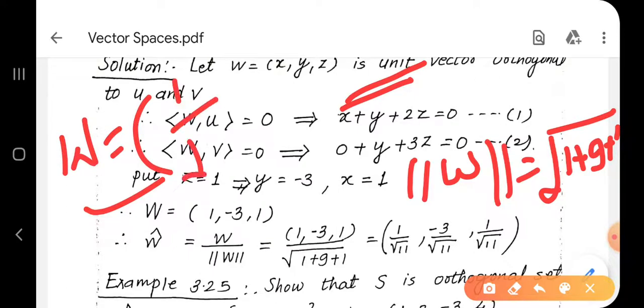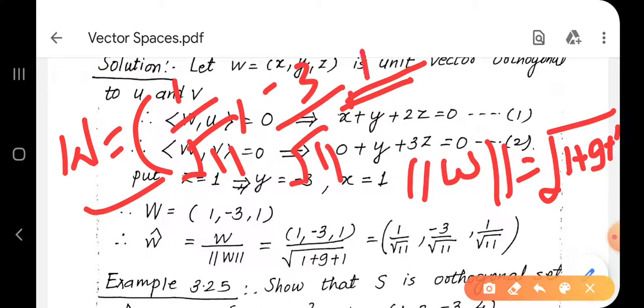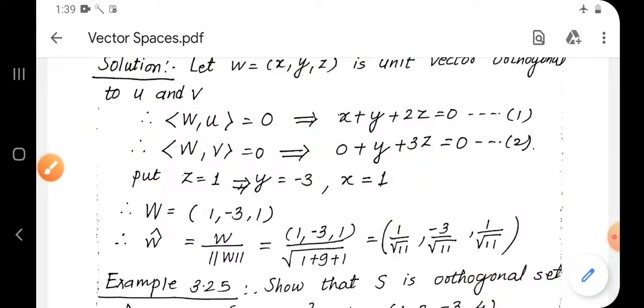So 1 upon root 11, minus 3 upon root 11, and the last one is 1 upon root 11. So this is your answer. This is your unit vector. Understood the concept? Simple concept is there. Just we need to understand.